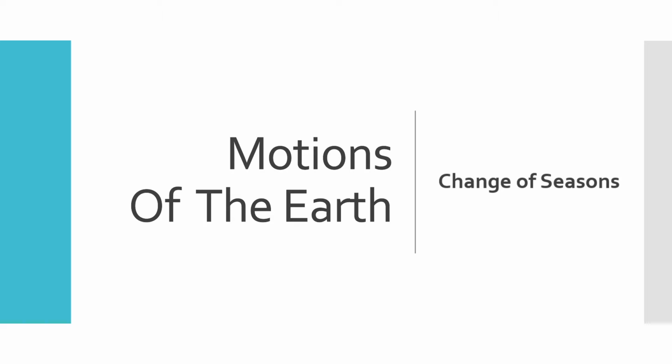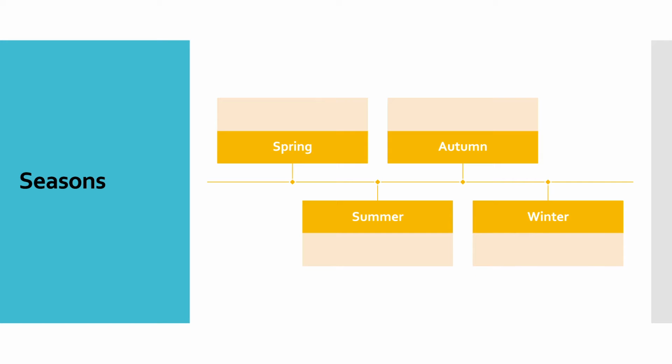So, because of revolution, there is a variation in the length of day and night, and there is change of seasons. Now, you all know that a year is divided into seasons. They are spring, summer, autumn, and winter.